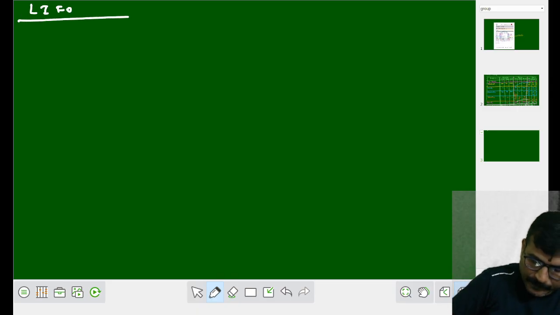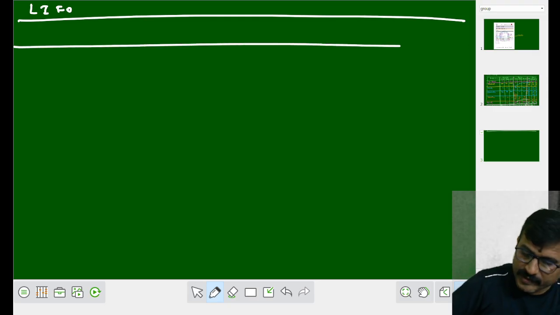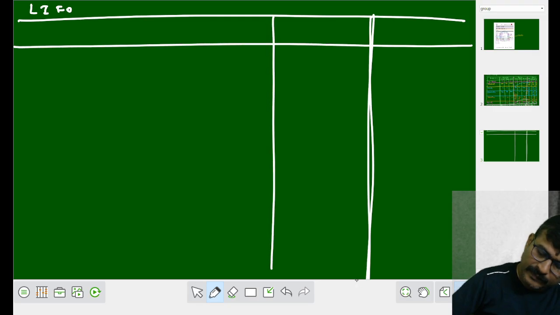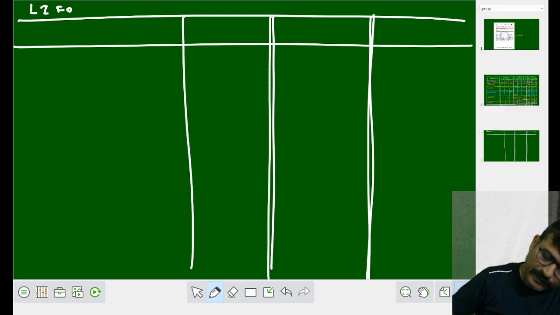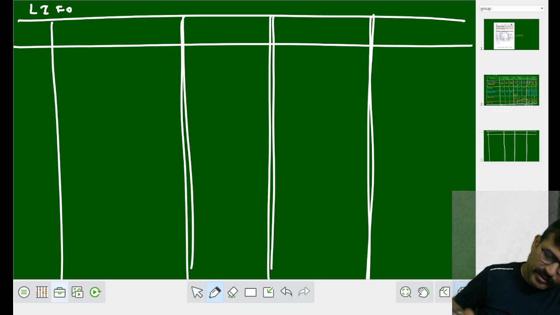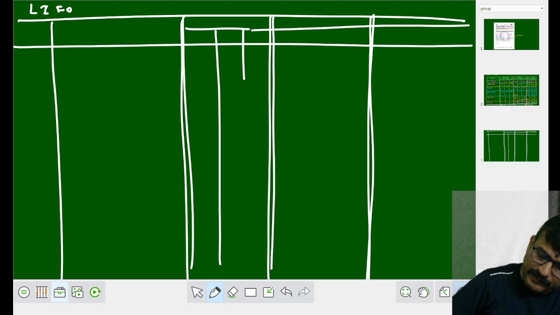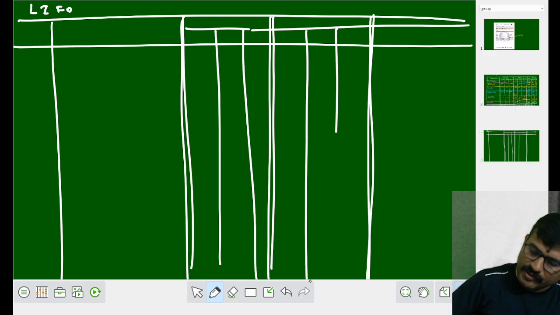Now let us move on to the next method, that is LIFO method. Same format here: balance, receipt, issues, date. Each one will have 3 columns.